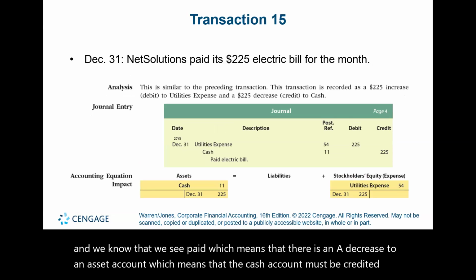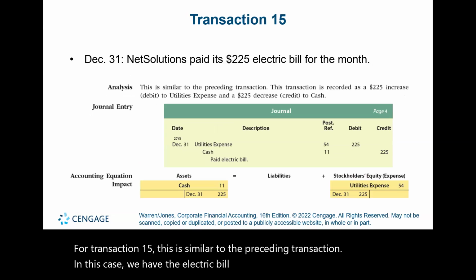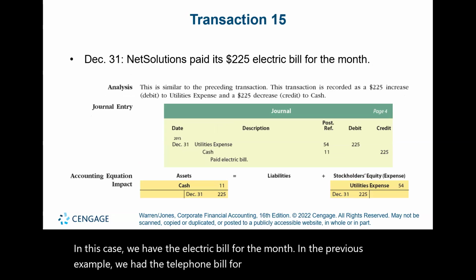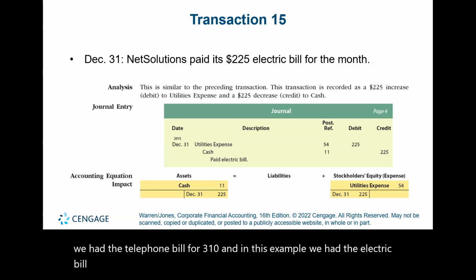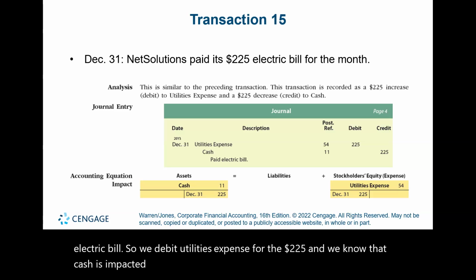For transaction 15, this is similar to the preceding transaction. In this case, we have the electric bill for the month. In the previous example, we had the telephone bill for $310. And in this example, we have the electric bill. So we debit utilities expense for the $225, and we know that cash is impacted. So we credit our cash account.